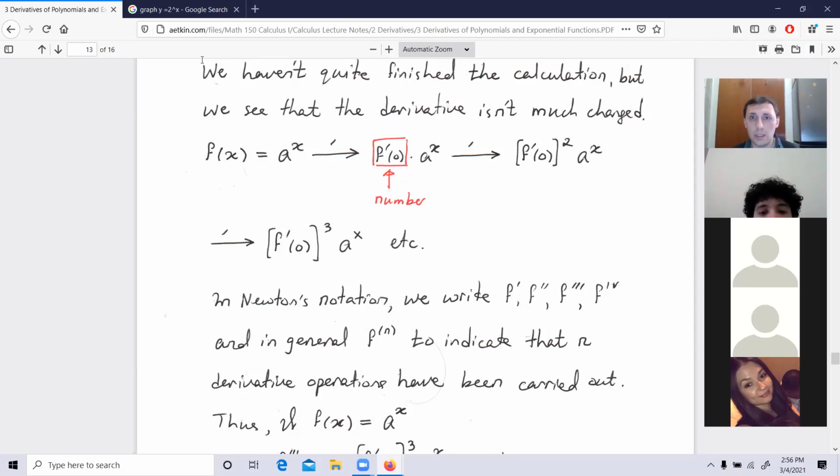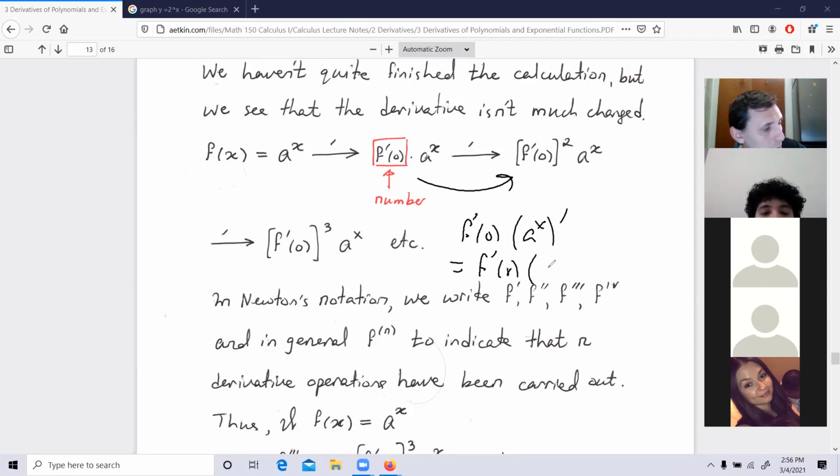Let me just illustrate one step in case somehow you don't. Look at it. I can just take f prime of 0 times the derivative of a to the x, and what happens? It's f prime of 0. Here we have f prime of 0 a to the x. That's why we have a square.